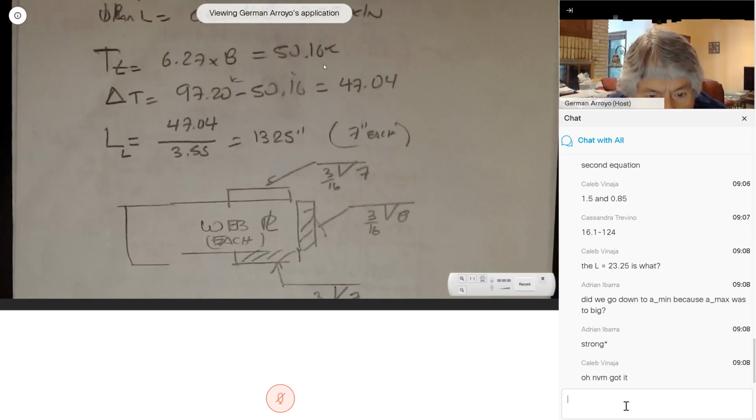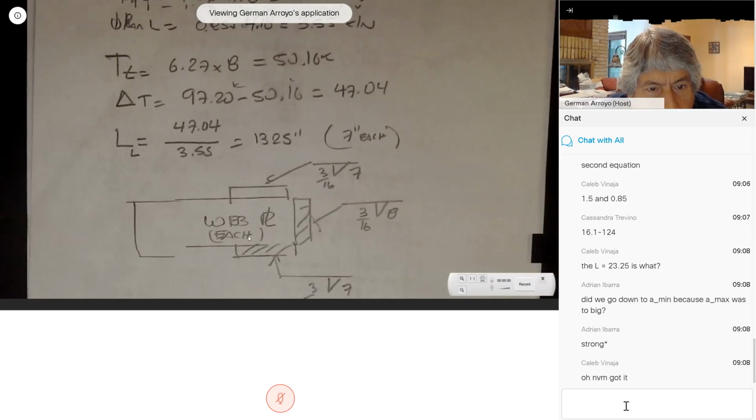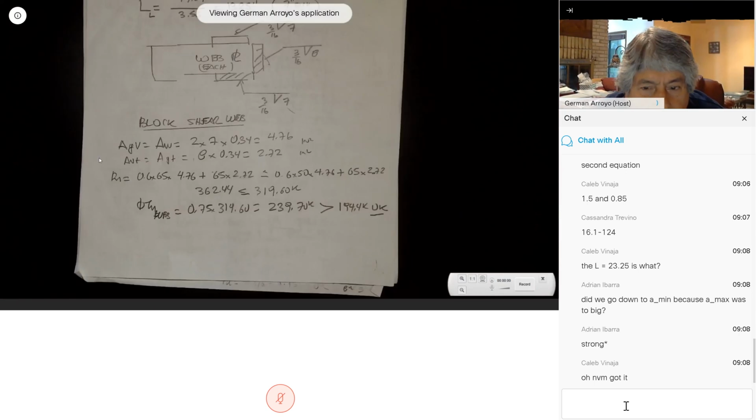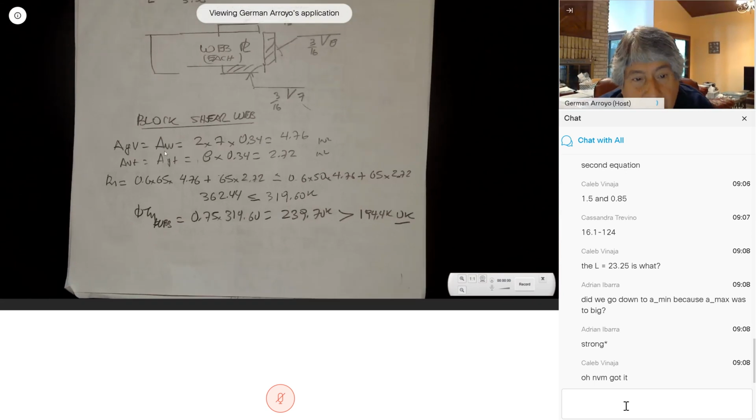So the block shear in here is going to be simple, because the gross area in shear is also equal to the net area in shear, because there is no hole. 2 times 7 inches times the thickness of the web, 0.34. The net area in tension is also equal to the gross area in tension because there's no hole, 8 times 0.34.